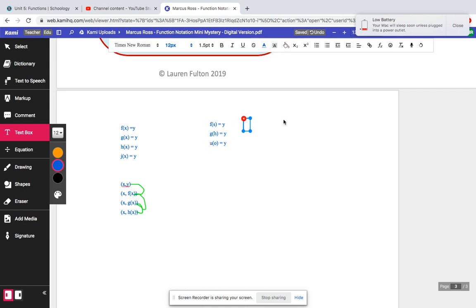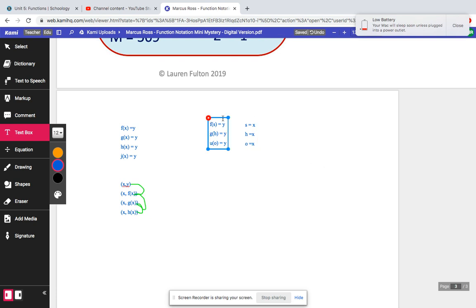But in this situation, s would be your x, h would be your x, o would be your x, okay? Keep in mind that we can manipulate and change out these variables, but we're always going to be going back to our x and our y, okay?